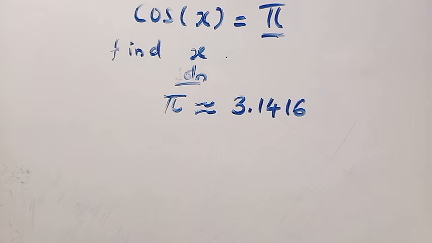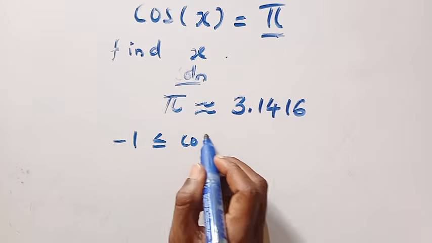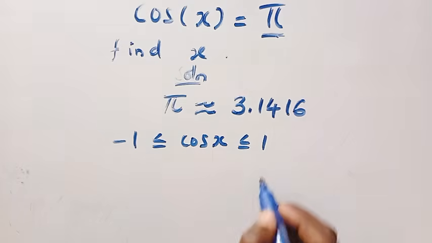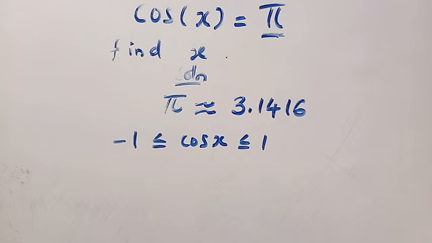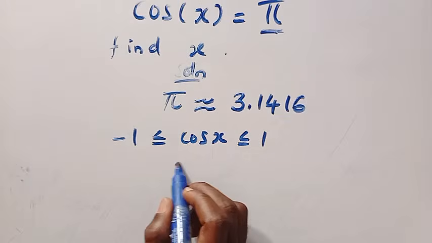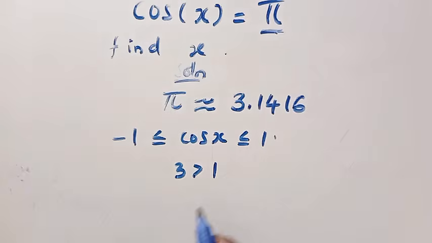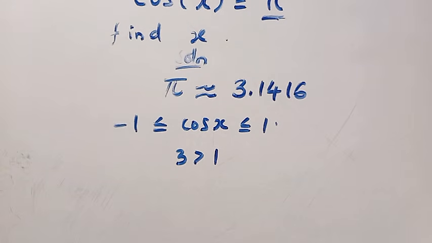We want to show that cos x equals pi, but recall the range of cosine for any real value of x is always -1 less than or equal to cos x less than or equal to 1. Since pi, which is about 3, is greater than 1, the upper bound, we see that there are no real solutions because of this range.